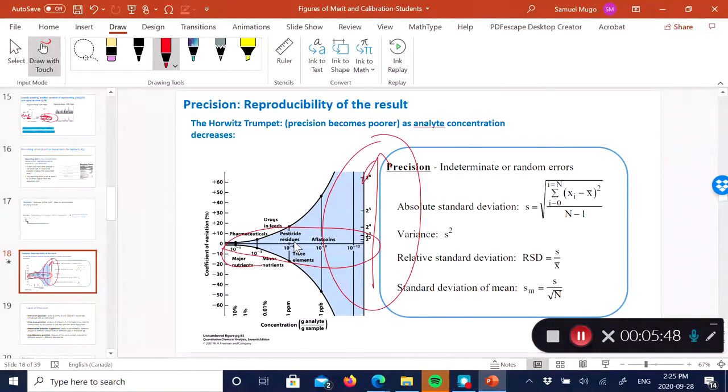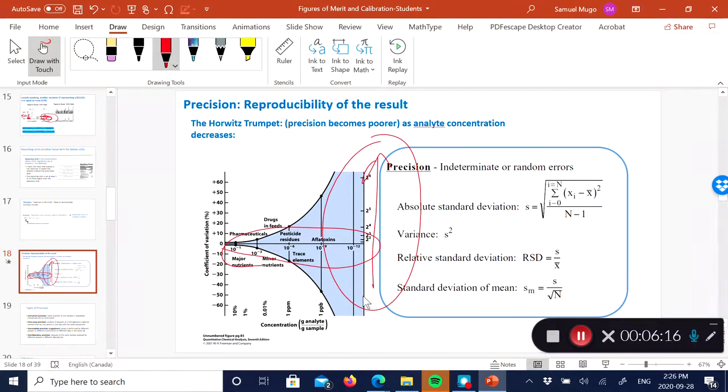Often, when you're setting the reporting limit, it should be somewhere around the limit of quantification or higher, because the limit of detection is very, very erratic because of the standard deviation. Okay, so this is important: as the concentration decreases, the standard deviation increases.